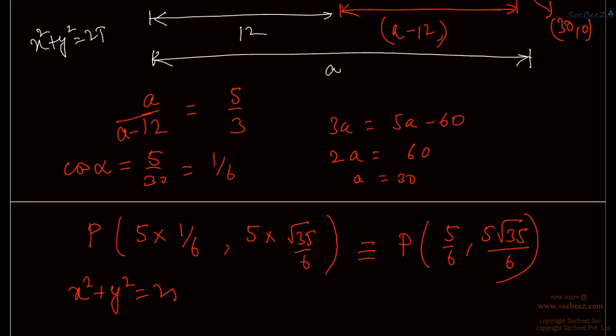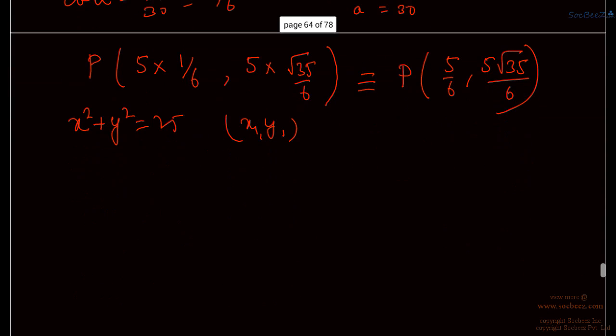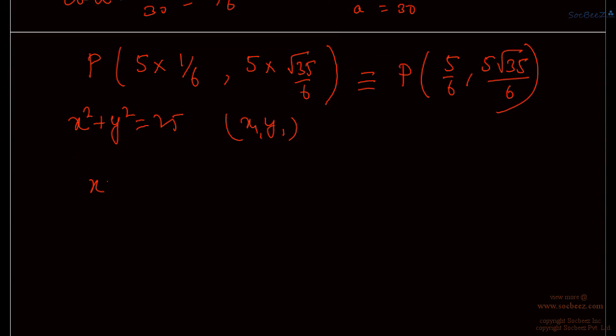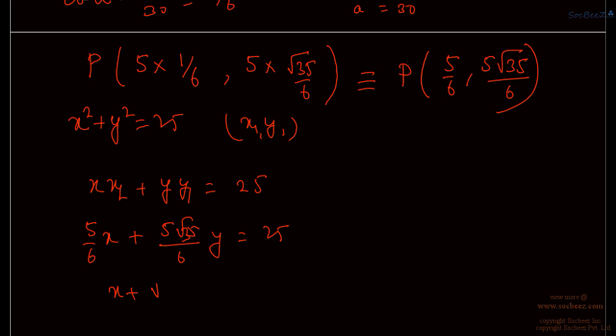So now we can find the equation of tangent. The circle is x square plus y square is equal to 25. So at point (x1, y1), we can write the equation of tangent as x x1 plus y y1 is equal to r square, that is 25. So x1 is 5 by 6. So we have 5 by 6 x plus 5 root 35 by 6 y is equal to 25.